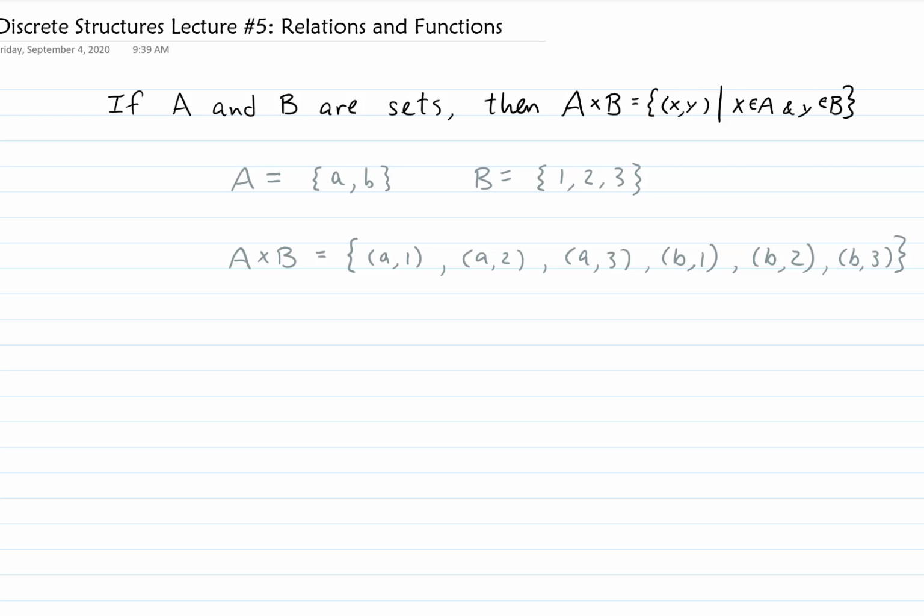Okay, now I'm going to give you a new definition. This is called a relation.